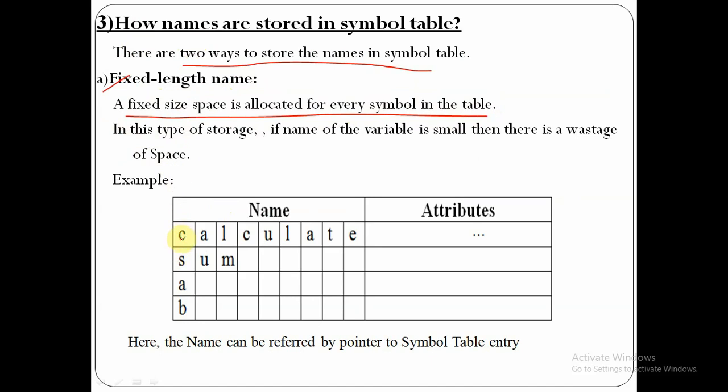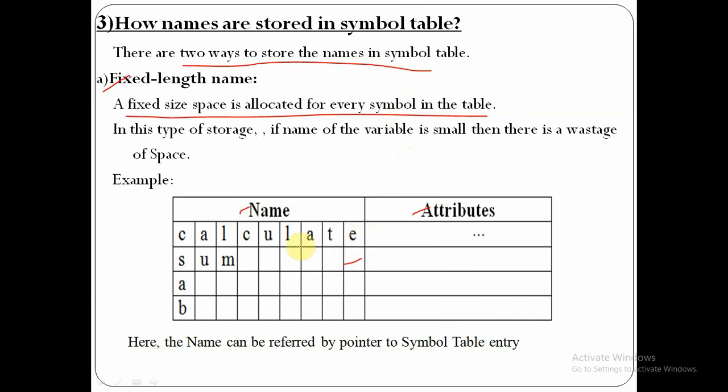So here, the variable name is going to be stored in the symbol table, and the corresponding attributes, size or address, or what is the initial value. Like this, the attributes will be maintained according to the information of each identifier.